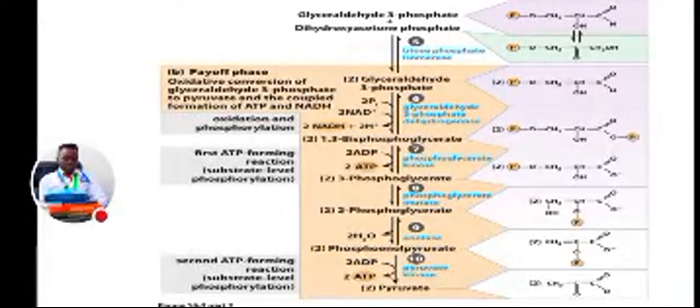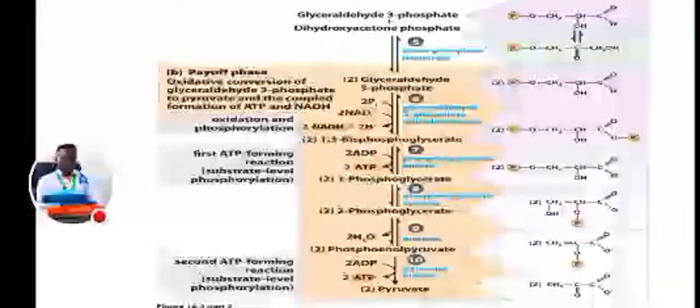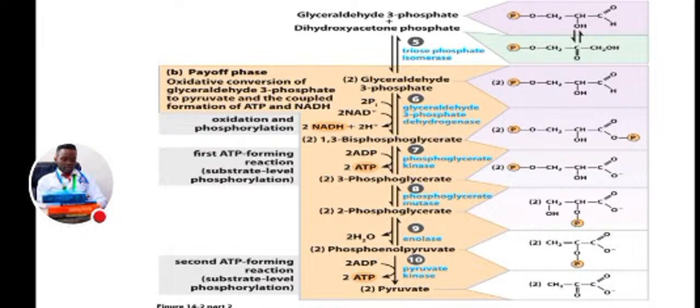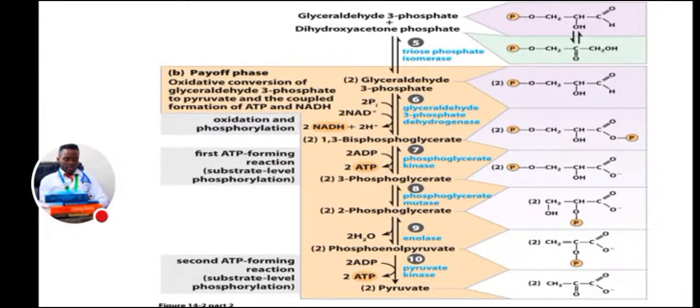So the payoff phase, this is the oxidative conversion of glyceraldehyde 3-phosphate to pyruvate and the coupled formation of ATP and NADH. Then we get to have oxidation and phosphorylation.